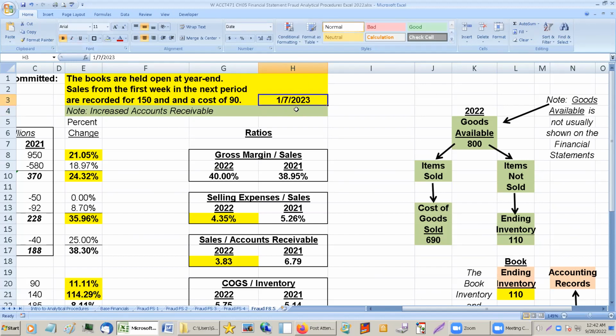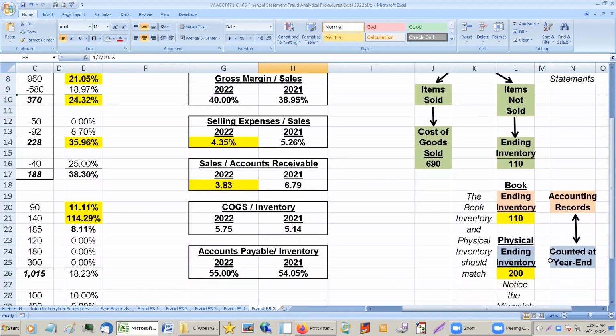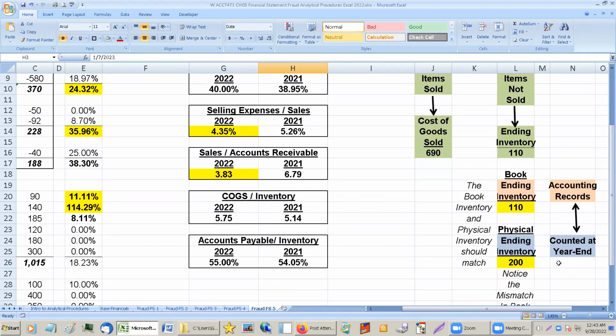Now notice that the inventory is a moving target. So at 1/7/2023, the inventory is going to be different than at year end. This inventory would be taken at 12/31/2022. Oops. Let's change it a little bit. Okay.